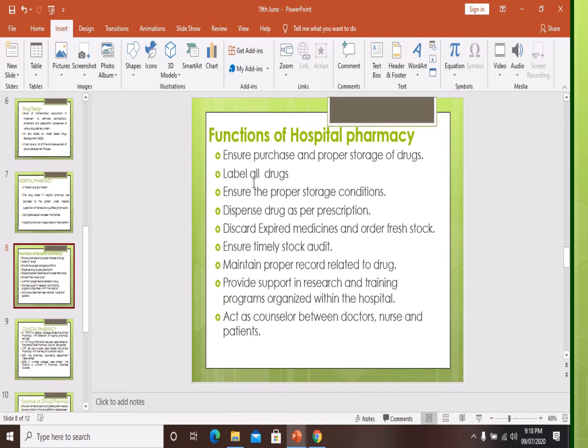These are the functions, roles and responsibilities of hospital pharmacies, and those who work in them have to fulfill all of these.